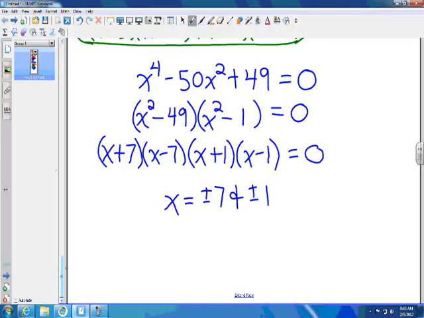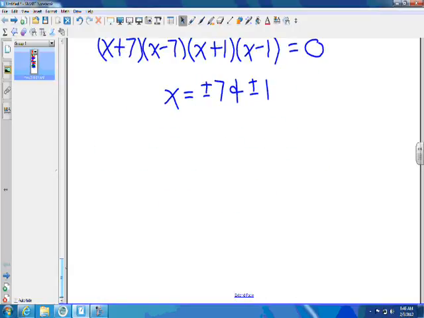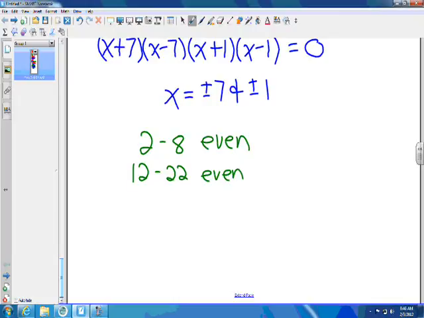Homework. We will do 2 through 8. 12 through 22. 30 through 34.